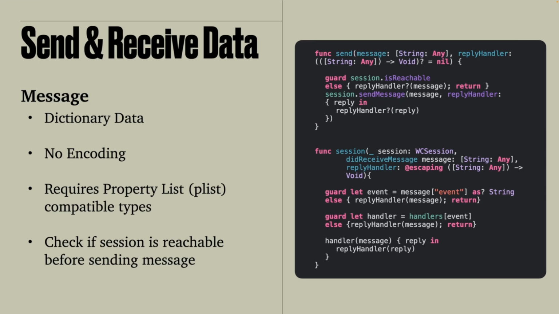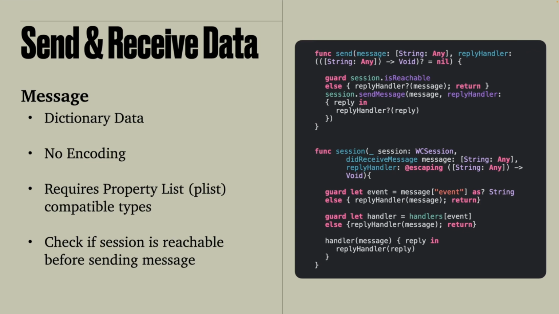Now we're going to get into essentially the meat and potatoes of what this is going to do, which is actually passing stuff back and forth and how that's done. And so our first stop on this train is going to be the messages. What these are is a dictionary of strings associated with an Any type, with an asterisk there.